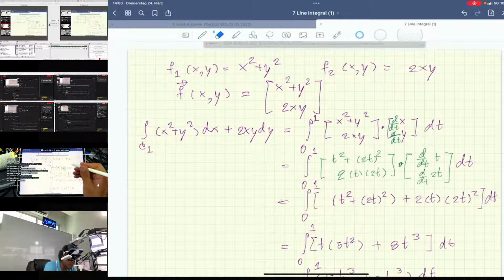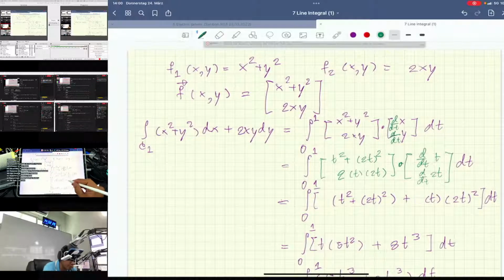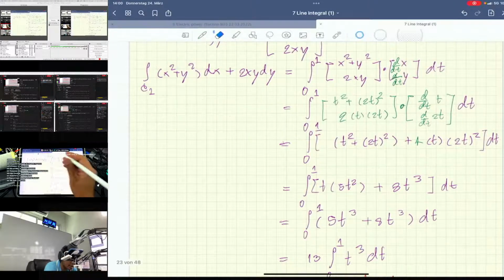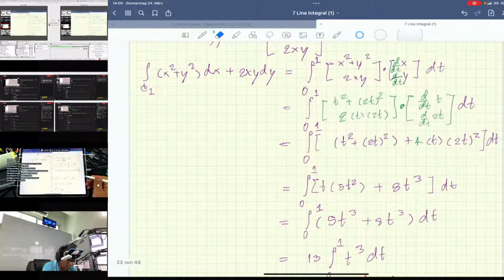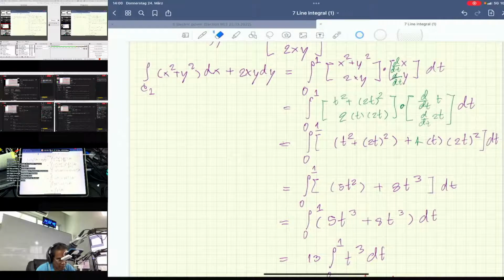You would have, you get 4 in front of this. And here you would have 5t square. 5t square.